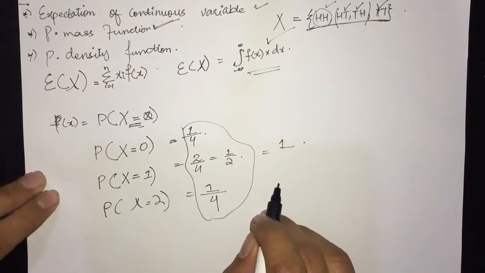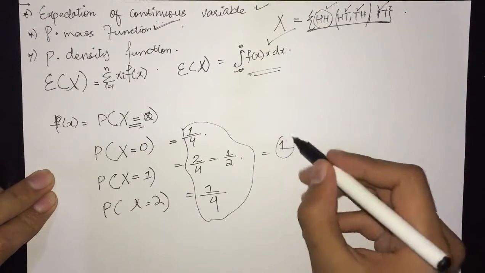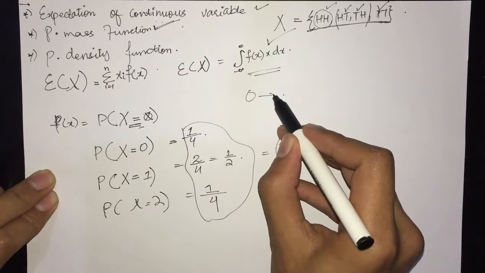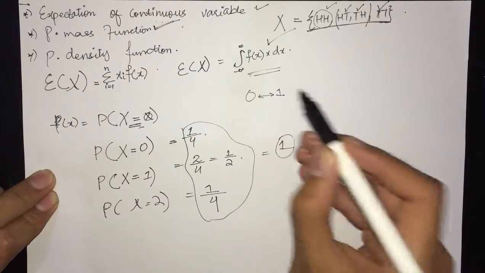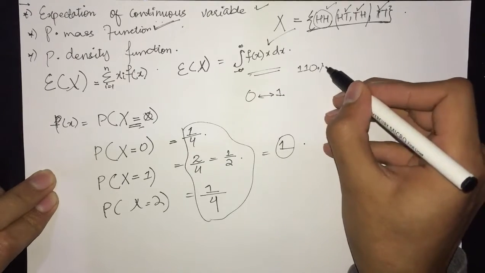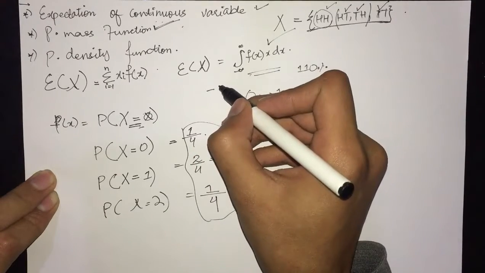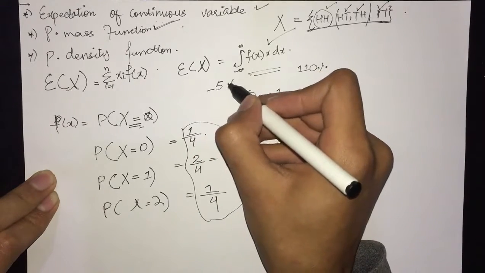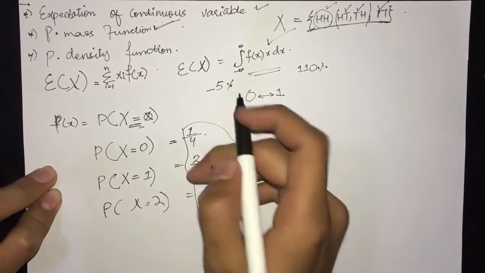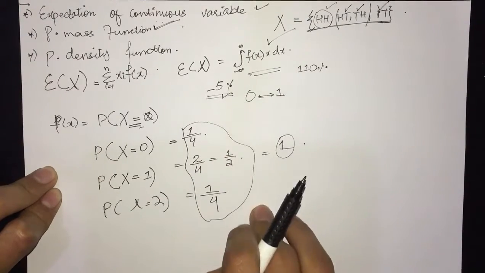This is the property, because probability of a random variable cannot exceed 1. It is restricted to be between 0 and 1. You cannot have, for example, a 110% possibility, and the probability cannot also be negative. So you cannot say a person has a negative probability of minus 5%. Although we want to use this negative probability thing in our daily life, in statistical terms, we cannot use it.